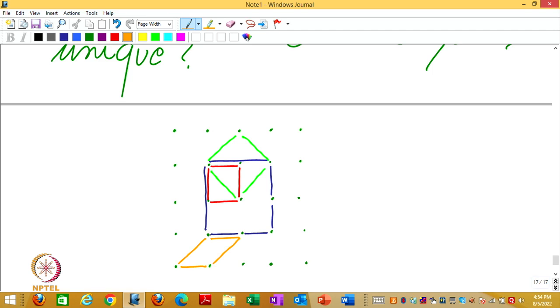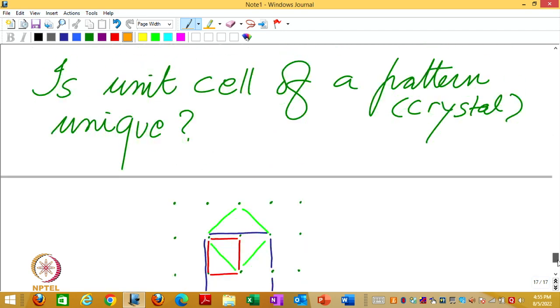Are all these unit cell or will they qualify as unit cell? Which two? Square and rhombus. What is the problem with the blue? Because all the points are not covered. But did I say that all the points should be covered?